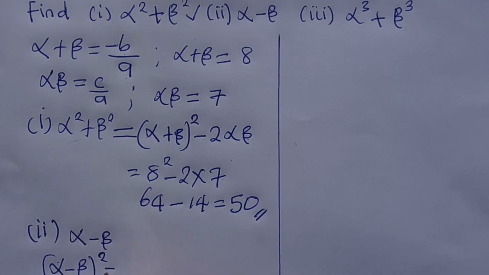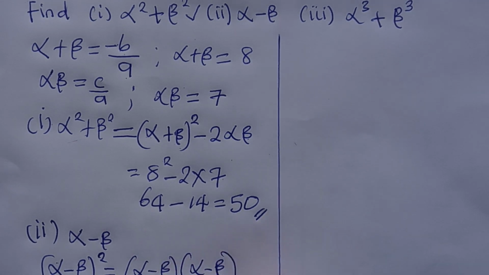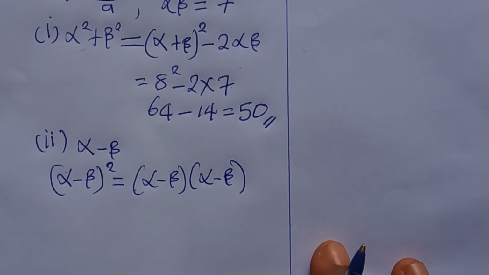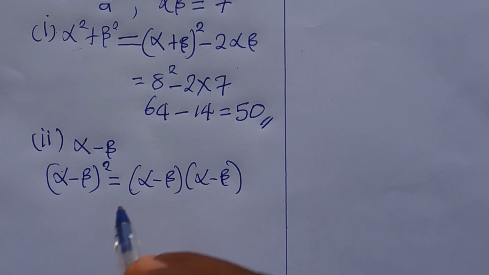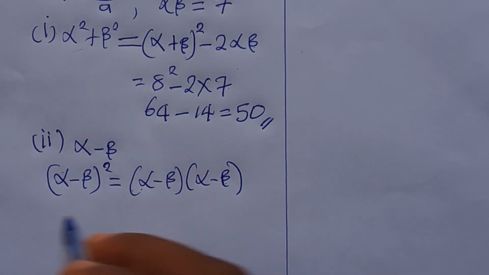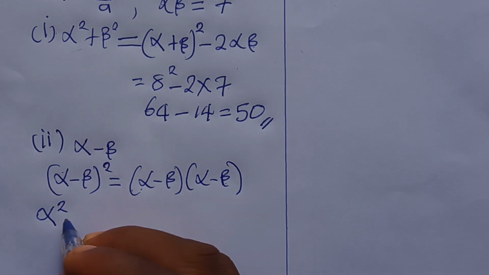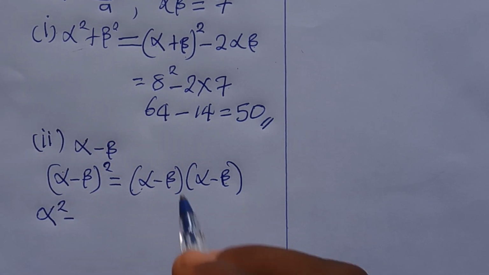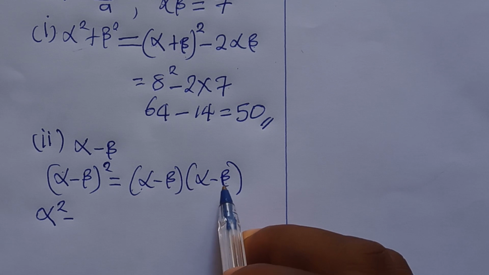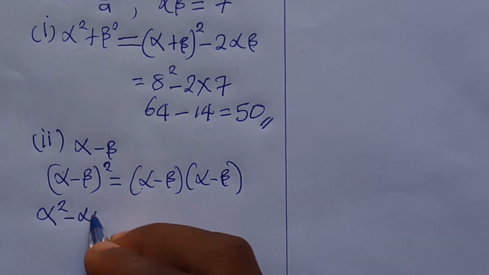And if we square it, it's the same thing as saying alpha minus beta and alpha minus beta. So let's open the bracket. To open the bracket, you use alpha to multiply alpha. So you have alpha squared, then minus alpha multiplied by minus beta, you have alpha beta.